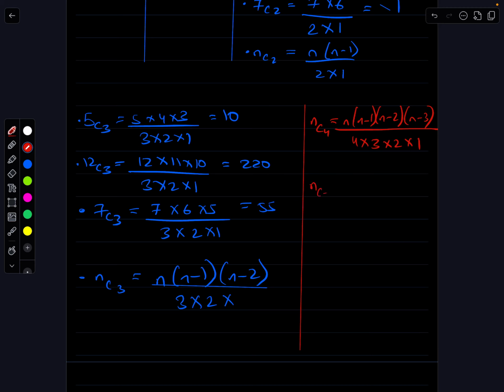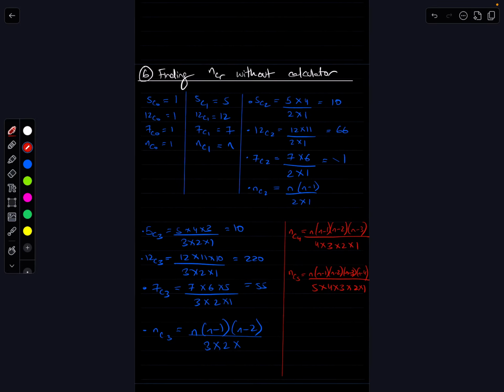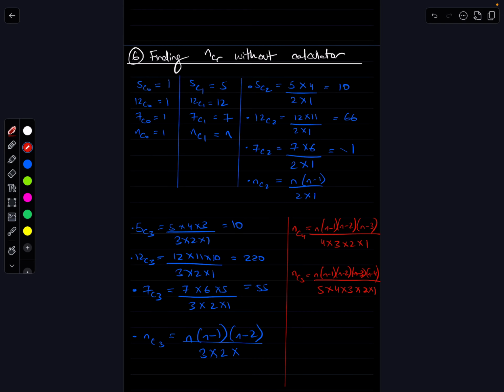Similarly, in this case, we'd have n into n minus 1, n minus 2, n minus 3, and in the denominator, we'd also have 4 numbers counting down, and this is what we have. And this is how we find nCr without a calculator.